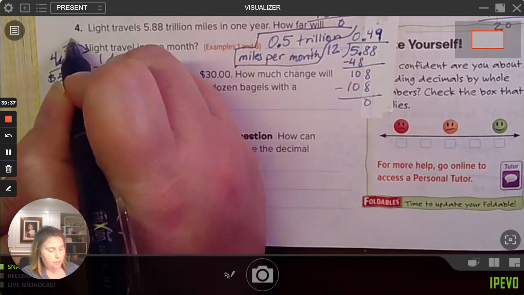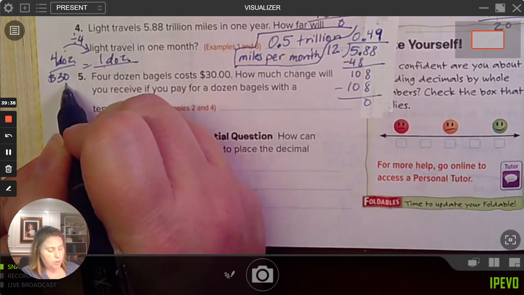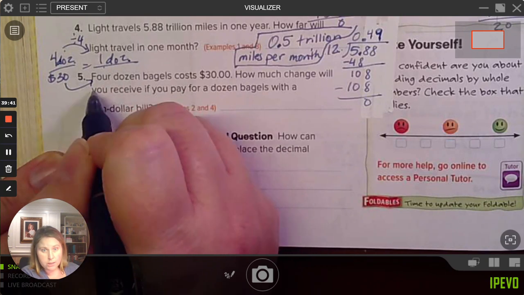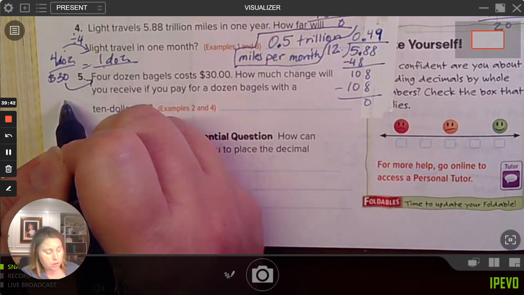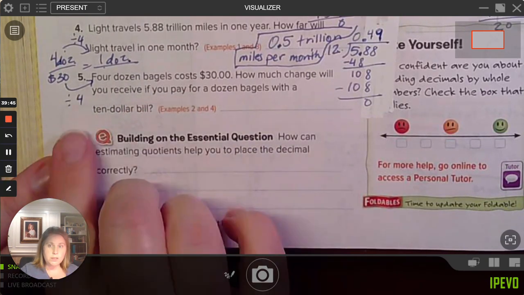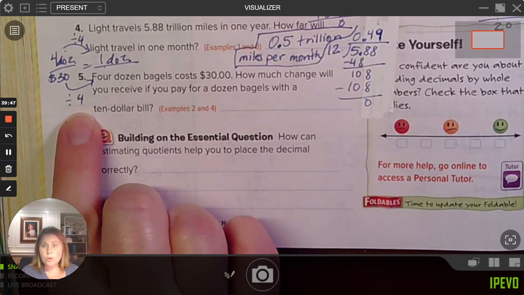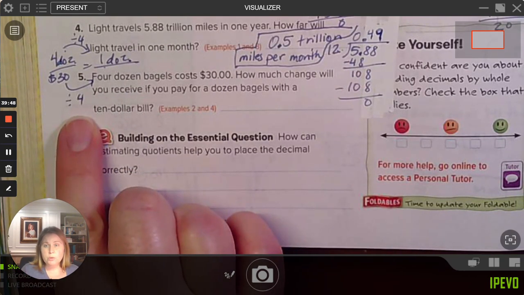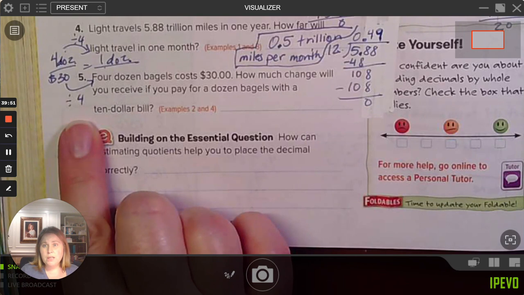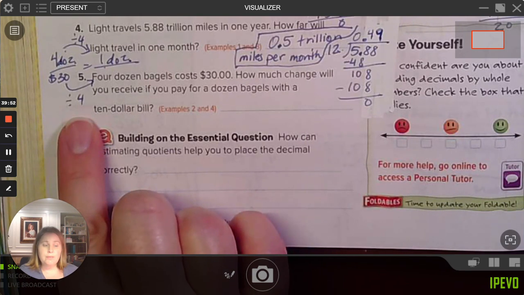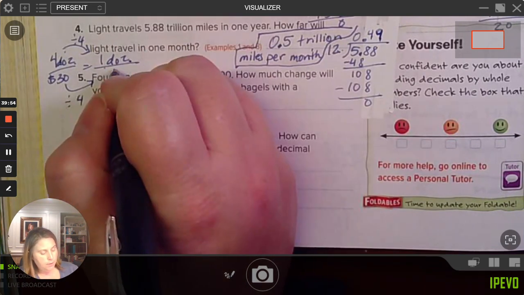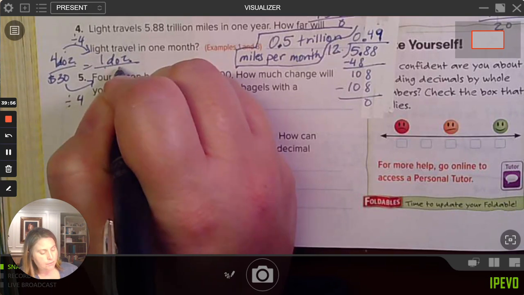So to get from $30 for 4 dozen to our price per dozen, we're dividing by 4. A nice way to divide by 4 is to divide by 2 and then divide by 2 again. So what's 30 divided by 2? 15, and 15 divided by 2, 7.5. So 1 dozen would cost $7.50.